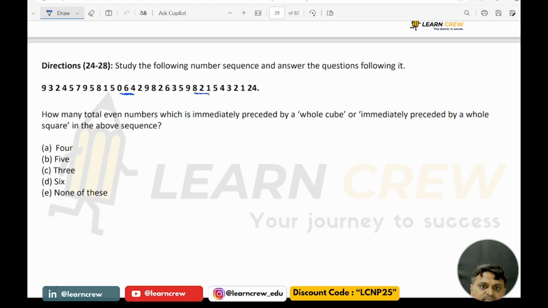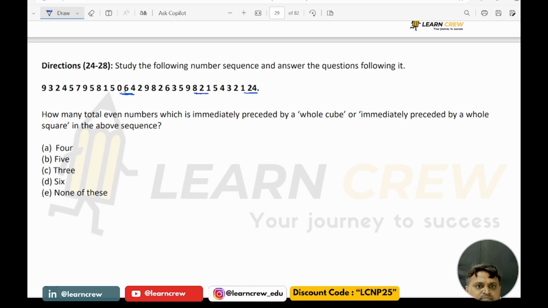Then again, whole cube, even number, whole square. Again I am finding a third or anything more. You require an even number preceded by a whole cube. Even number preceded by a whole cube?